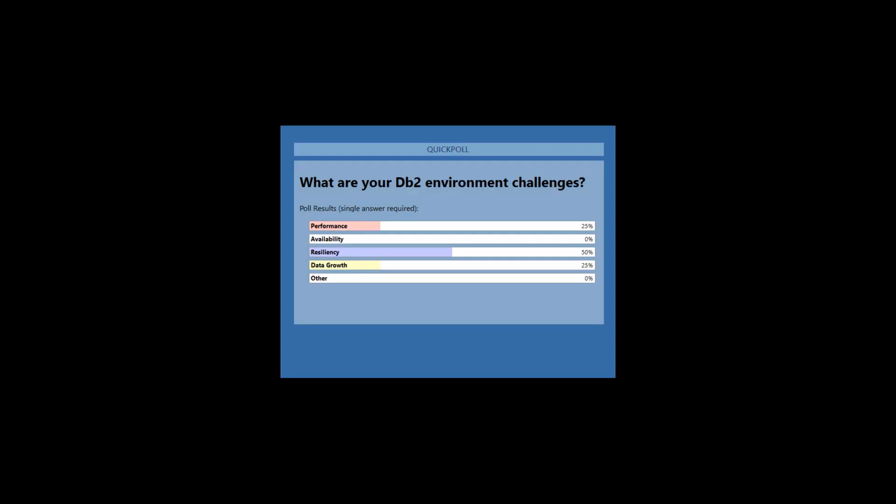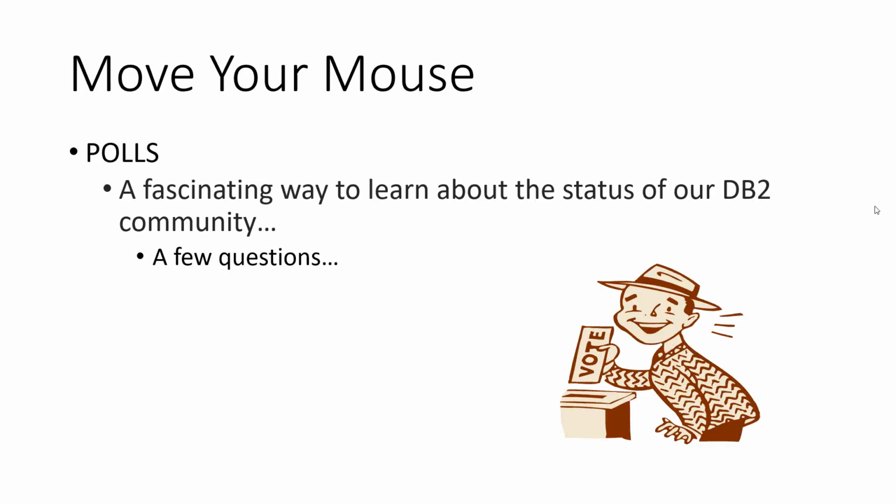Performance is about 25%. That's interesting. It used to take most of the results, most of the performance problems, but now this is about 25%, and data growth is 25%, and resilience is about 50%. Cool.